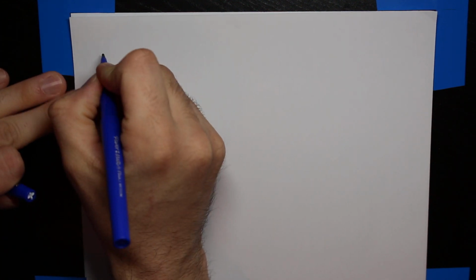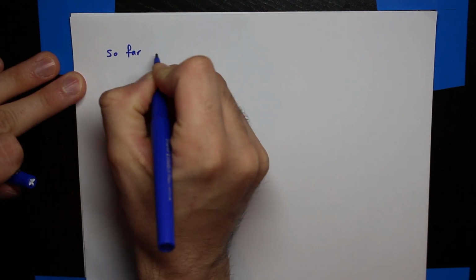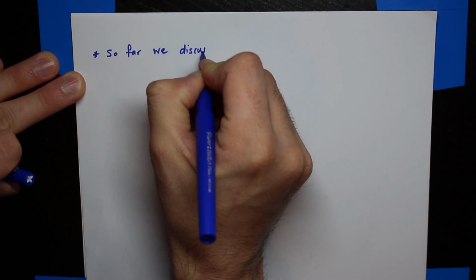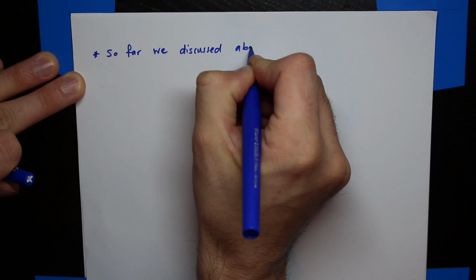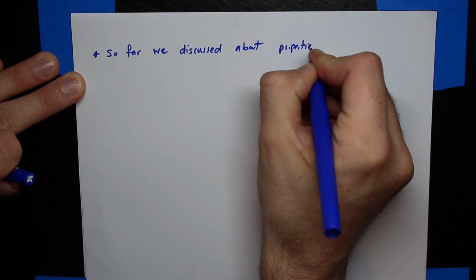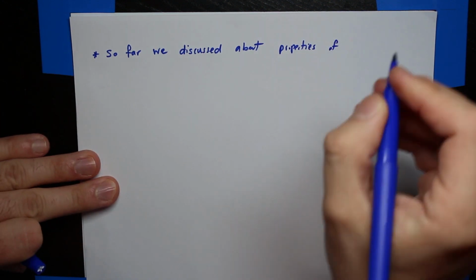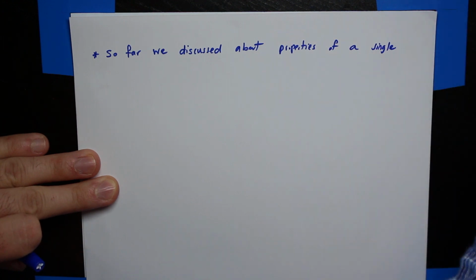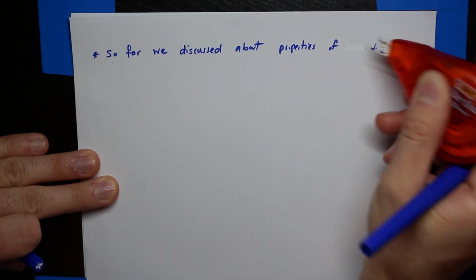So far in the discussions that we had in our course, we were discussing a single pure substance. So basically, I would say so far we discussed properties of a single pure substance.